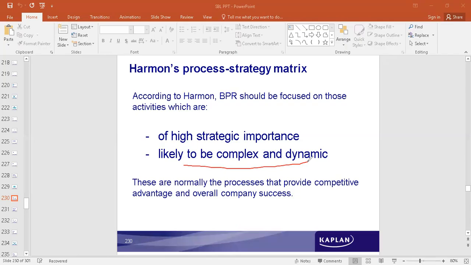BPR should be focused on those activities which are of high importance. So importance is high, so even if they make small improvements, sometimes it is not sufficient. In that case, what is required is to think about it in a different manner and redesign the whole process.